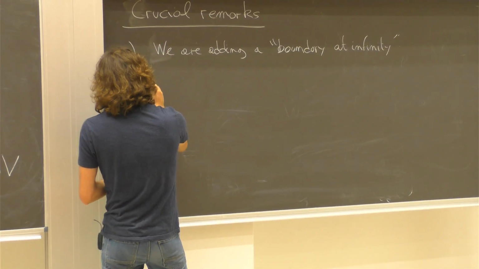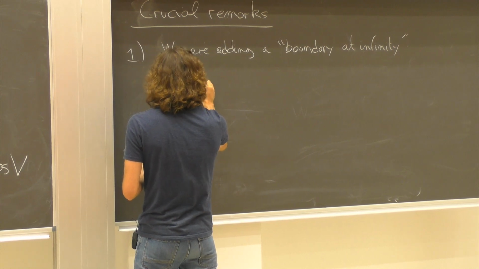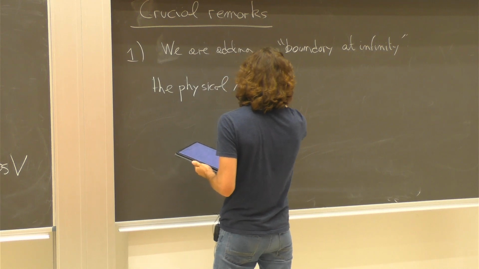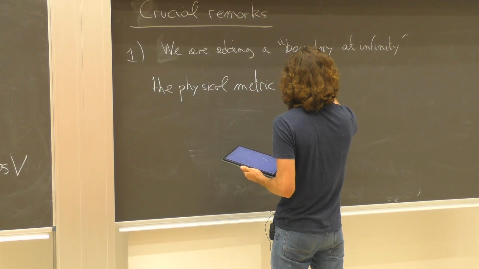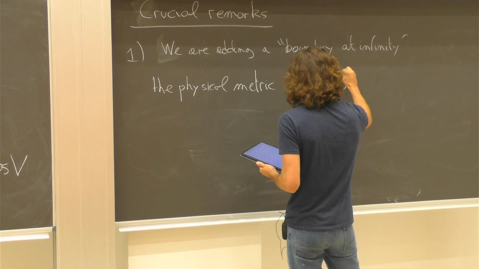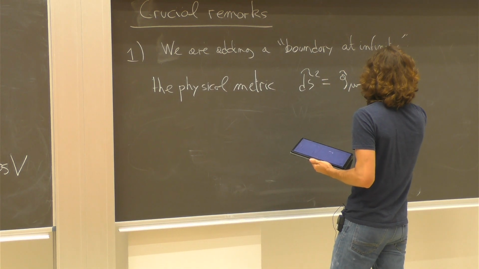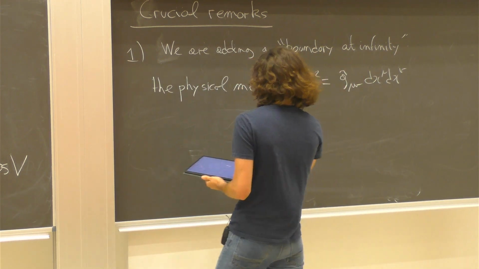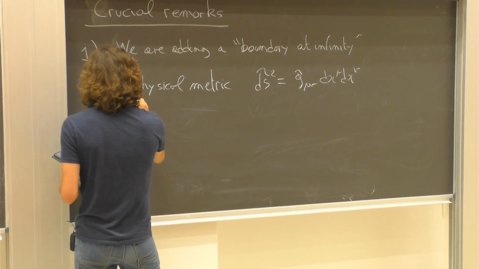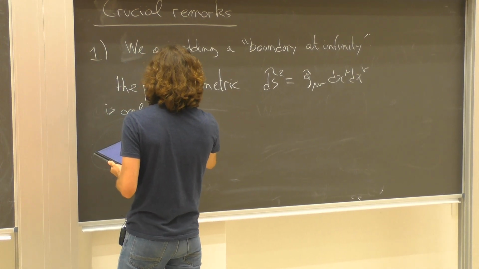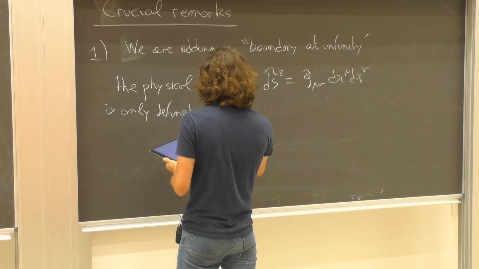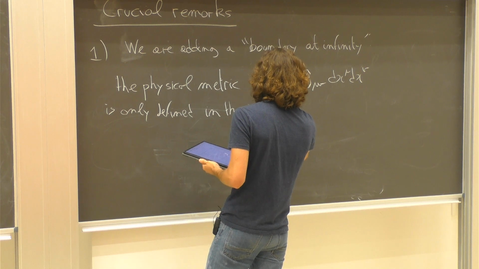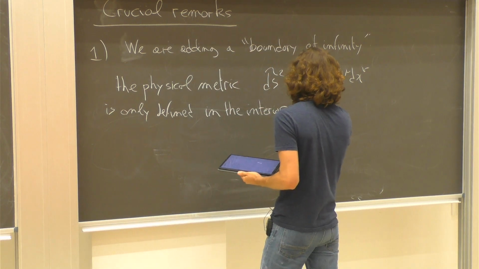So the physical metric, which I'm always going to write with tildes, ds tilde squared equals g tilde mu nu dx mu dx nu, is only defined in the interior, and interior here equals Minkowski.